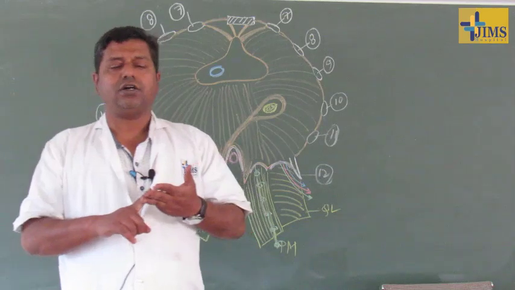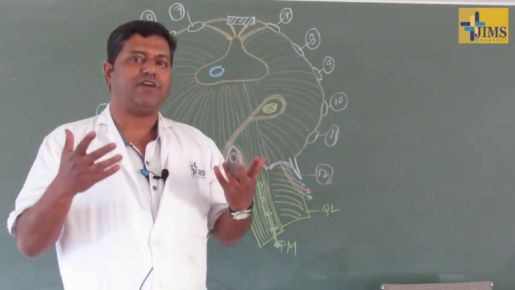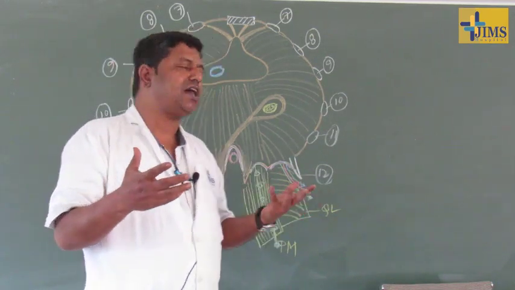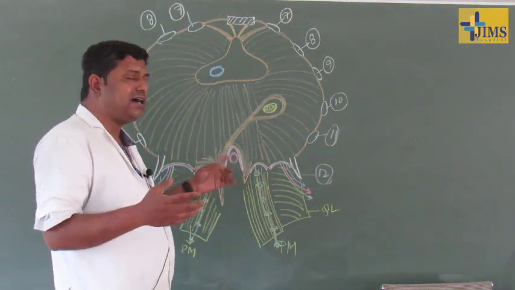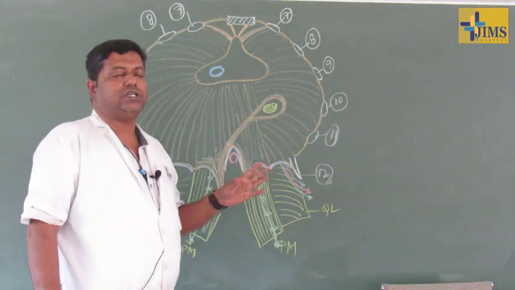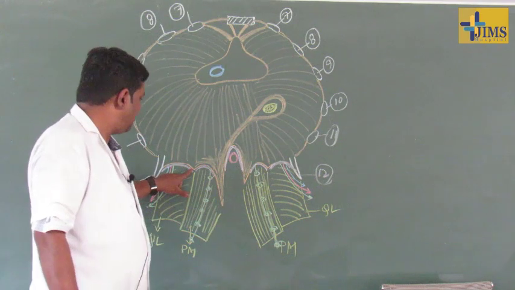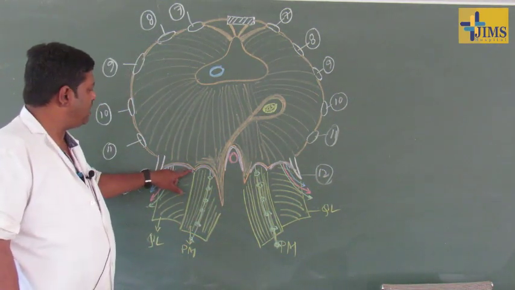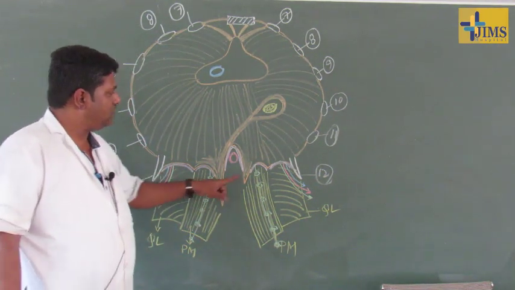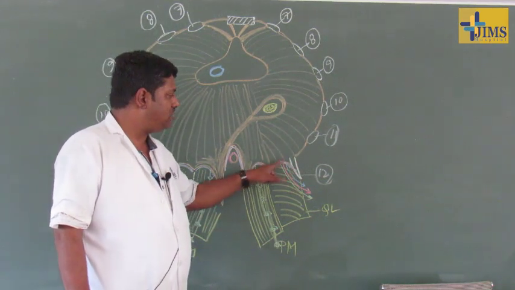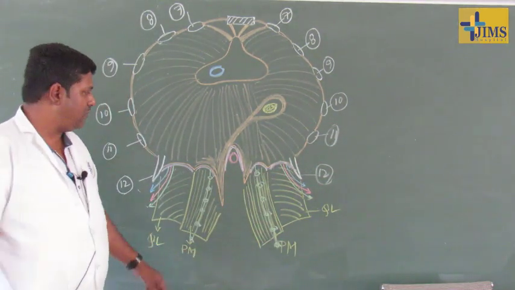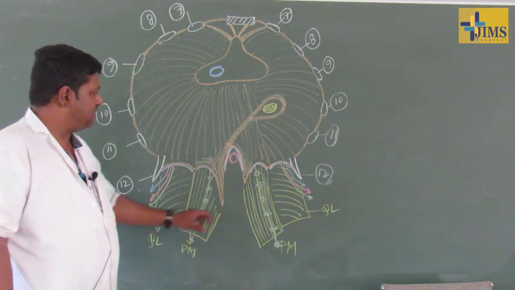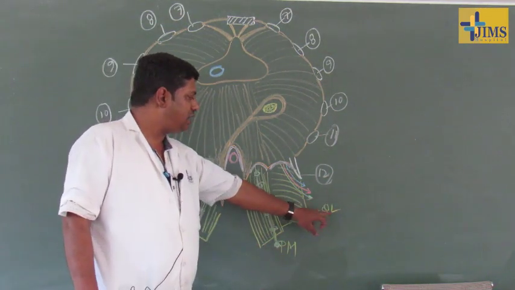Now the third part of the vertebral origin of the diaphragm is the lateral arcuate ligament. It is also paired. You can see here the lateral arcuate ligament on the right side and the lateral arcuate ligament on the left side. The muscle going under this lateral arcuate ligament has been marked here.